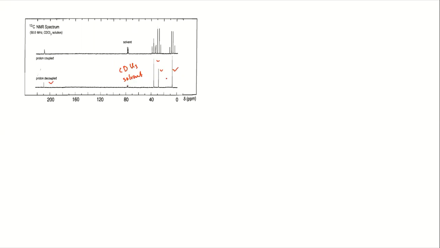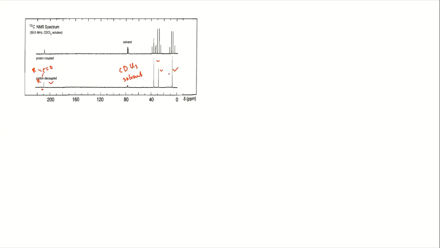Now you are getting 4 carbons, and your molecule has 4 carbons. This clearly confirms the carbonyl carbon, because it is above 200, and this is definitely the keto. So your molecule is keto, confirmed.